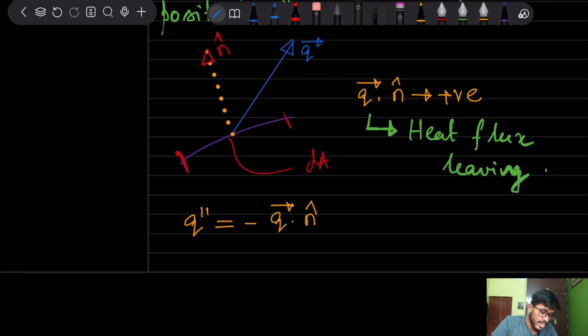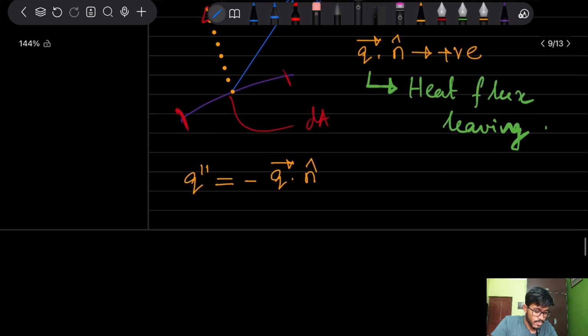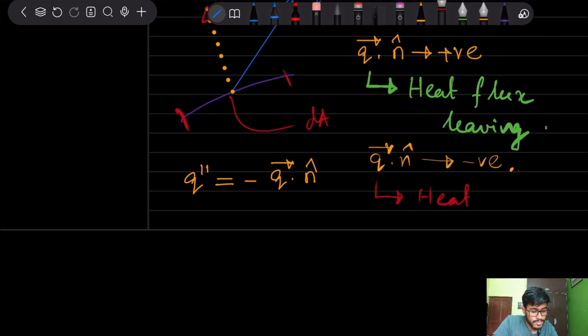So now, are you clear about the significance of this minus? In another case, if my q dot n is negative, then my heat flux is leaving.